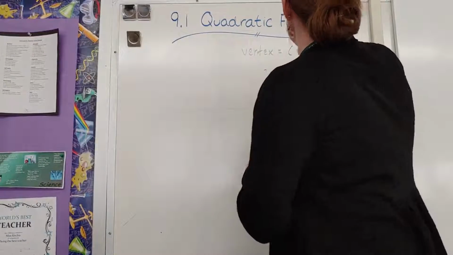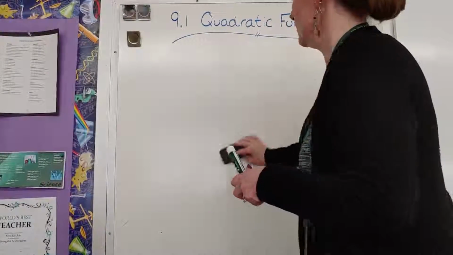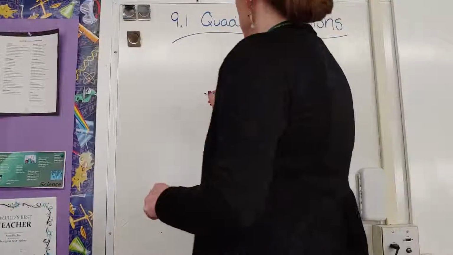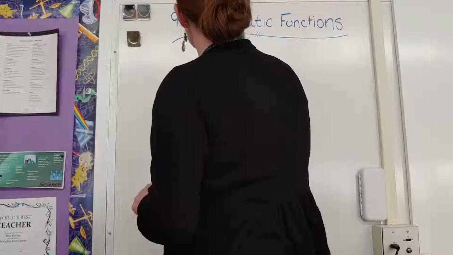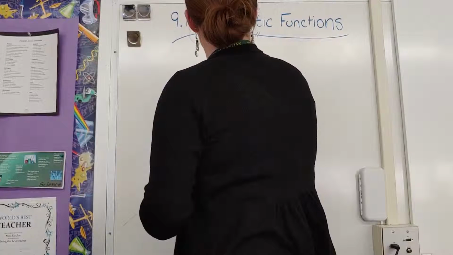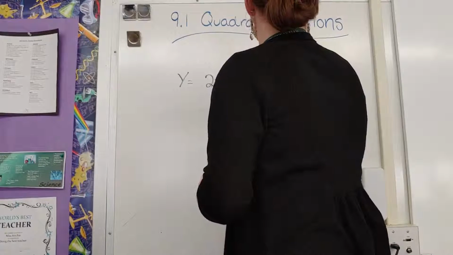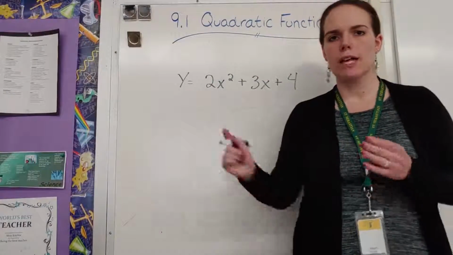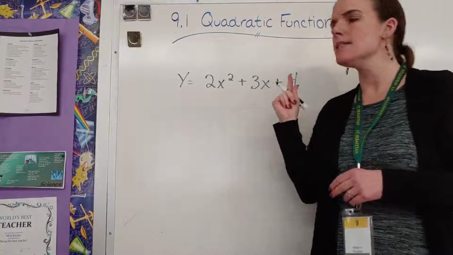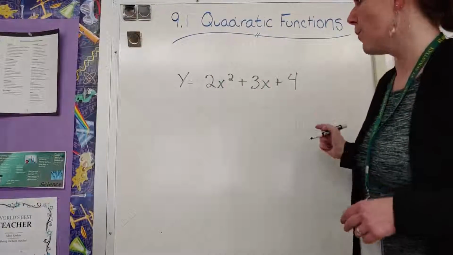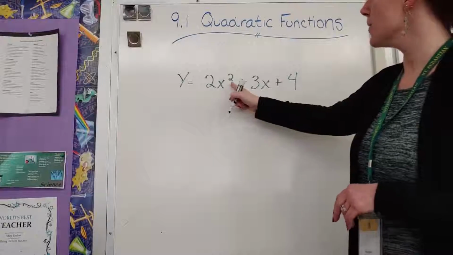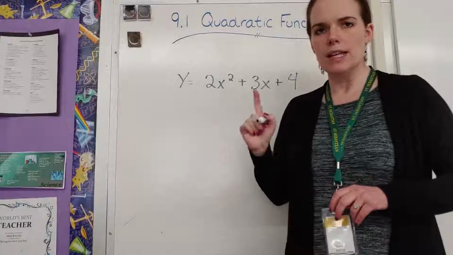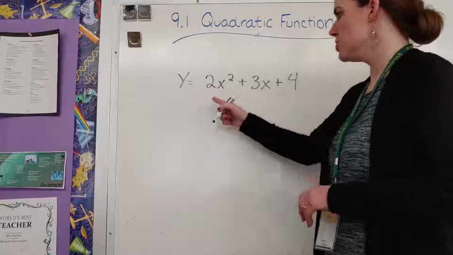If you were given a problem, this is just one more example problem. First of all, you know that's a quadratic equation because it's written in that standard form. It has an ax squared plus a bx plus a c. The a value is 2.